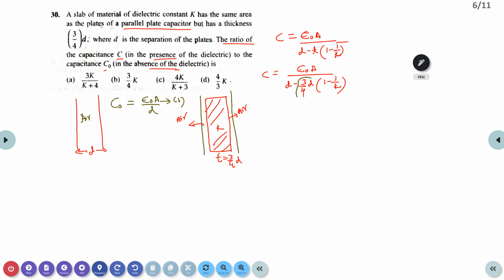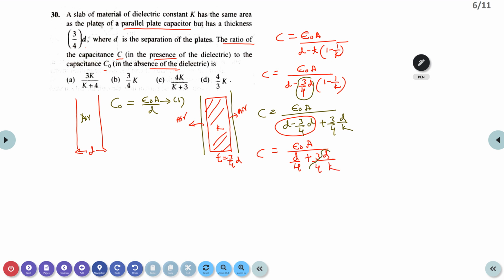Now I will simplify this term. C equals epsilon naught into A divided by D minus 3/4 D plus 3/4 into D by K. Here this quantity is 1 minus 3/4, 1/4. So C equals epsilon naught into A divided by D by 4 plus 3D by 4 into K. Here you see D by 4 is common.